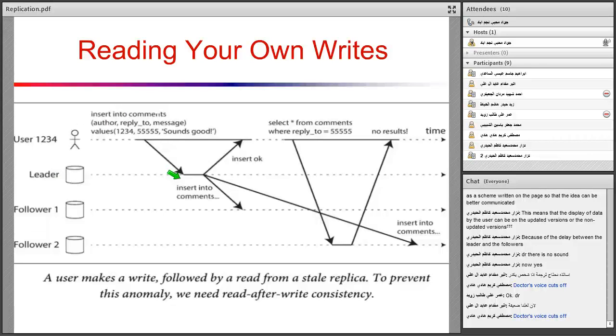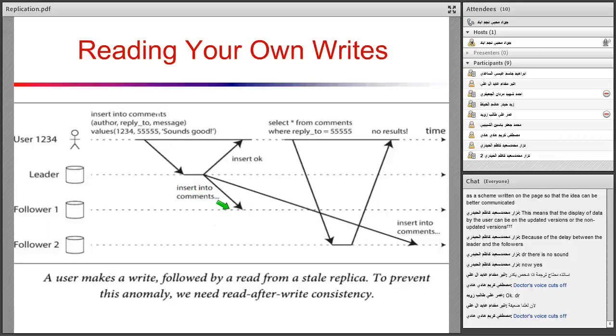Both followers are asynchronous followers, and the leader doesn't wait to get an okay from these followers. The leader performs the query and sends the okay to the user.